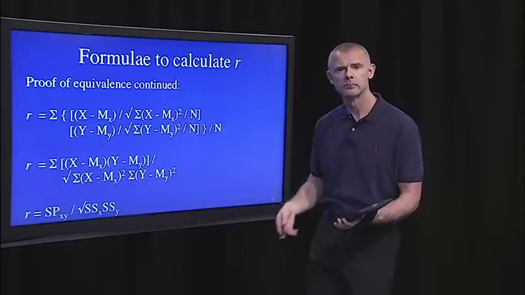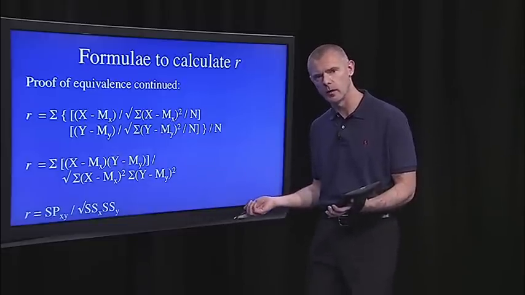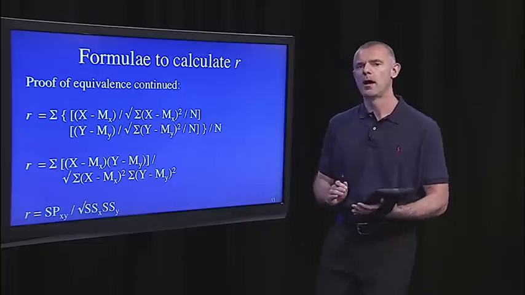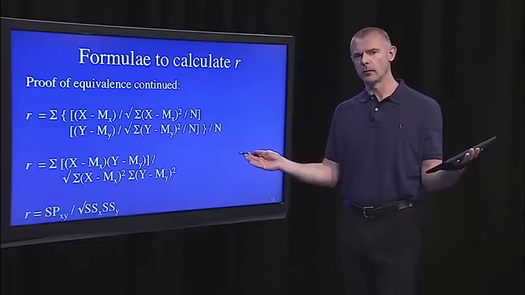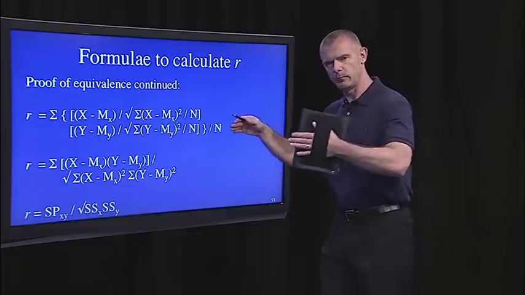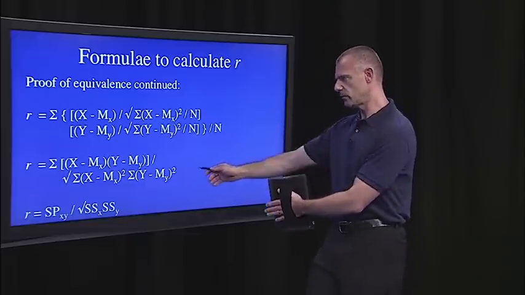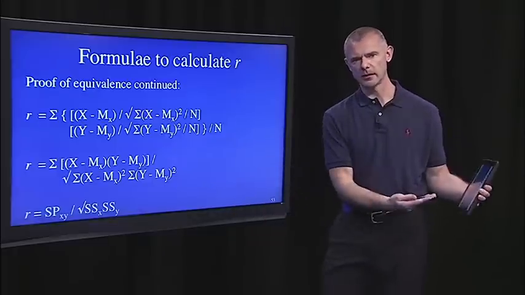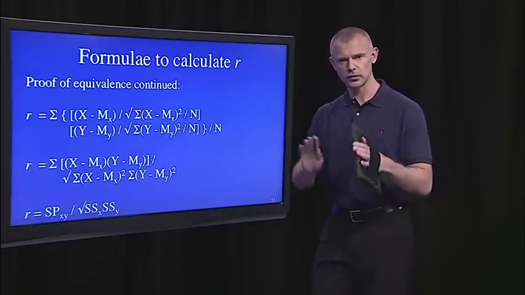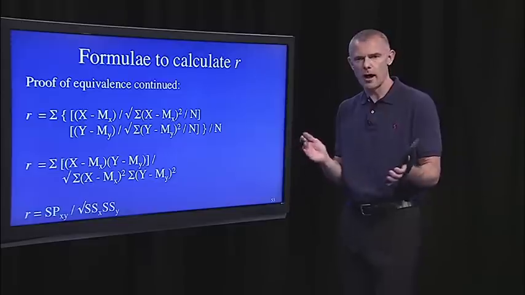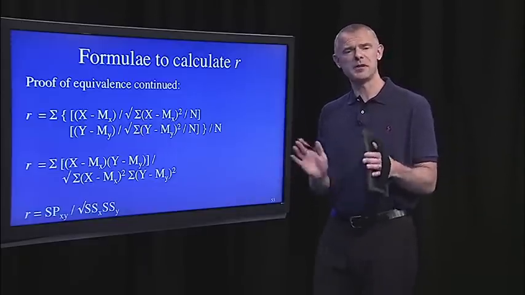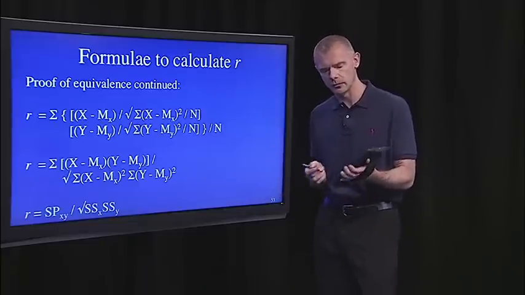What's in the denominator? Sums of squares x and sums of squares y. So by expanding the z-score formula and then using basic algebra to simplify it, we get right back to the raw-score formula, just to show that they're equivalent. We could go either way if we were doing these by hand, but again, we won't do them by hand. We'll let R do the work.